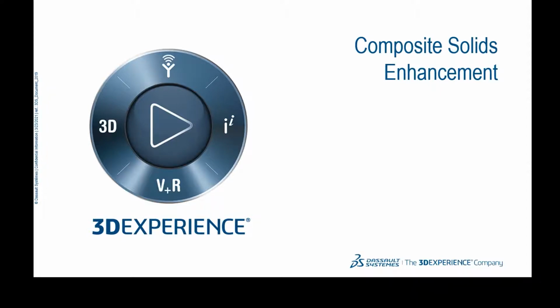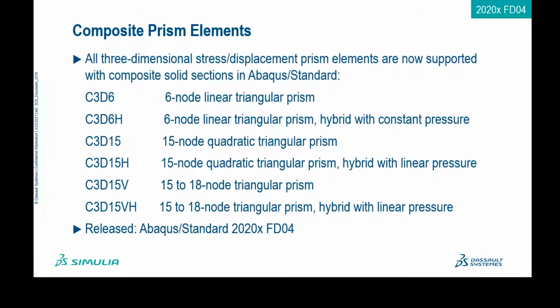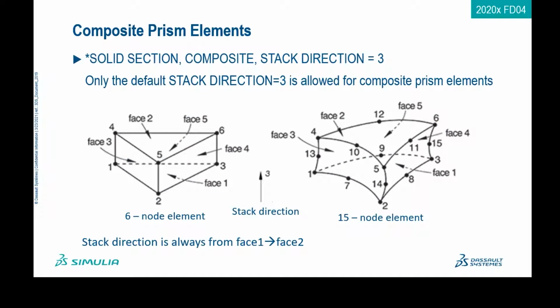Composite solid enhancements. Now all the three-dimensional stress displacement prism elements are supported with composite solid section in Abaqus Standard. The composite prism elements could be included using the keyword *SOLID SECTION, COMPOSITE, STACK DIRECTION=3.